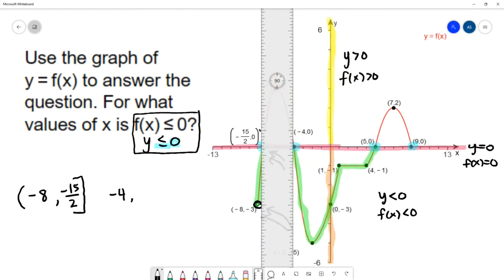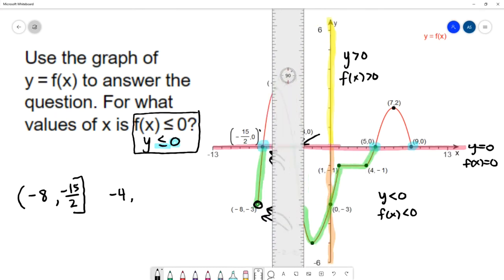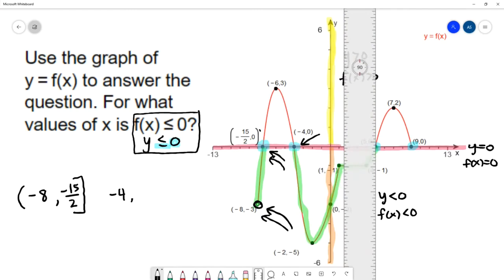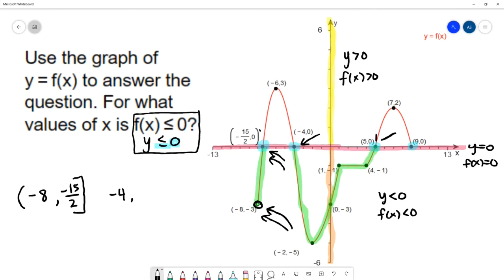So our low x is here, and our high x is here, which is 5, and we want to decide whether we're going to use parentheses or brackets. So this number has a filled in circle and it's on the x-axis. We're going to use a bracket. This one has a filled in circle and it's on the x-axis. We're going to use a bracket.